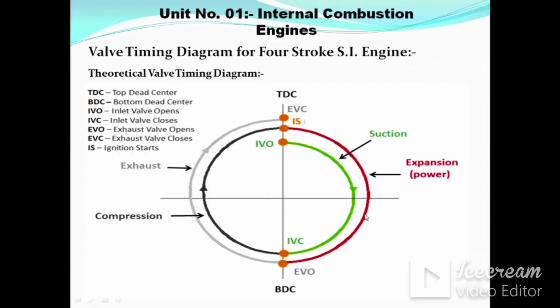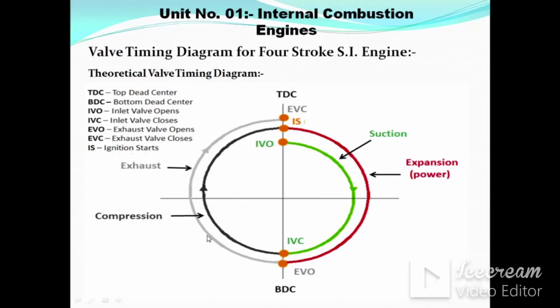This expansion process is also completed after a 180-degree revolution of the crankshaft. When the piston reaches BDC, at this point the exhaust valve will open. That is our fourth stroke, the exhaust stroke.